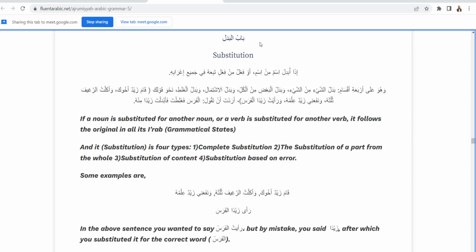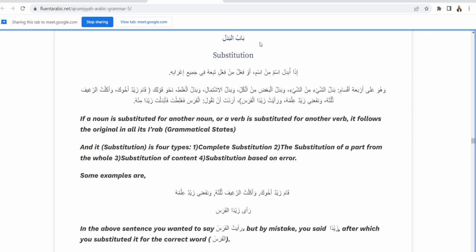The badal can be a noun that substitutes another noun, or a verb that substitutes another verb. What is implied by substitution here? If you say akaltu at-tufaha, I ate the apple, and then use another word after it which replaces the meaning or part of the meaning of the word used before, that is the badal. An example of this is akaltu at-tufaha nisfahu.